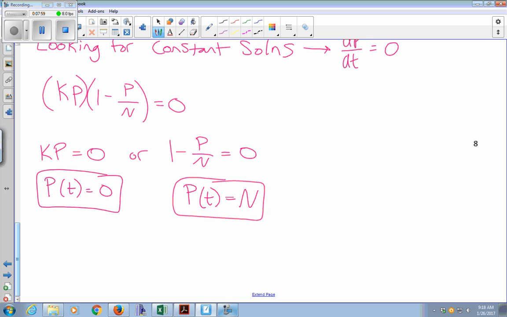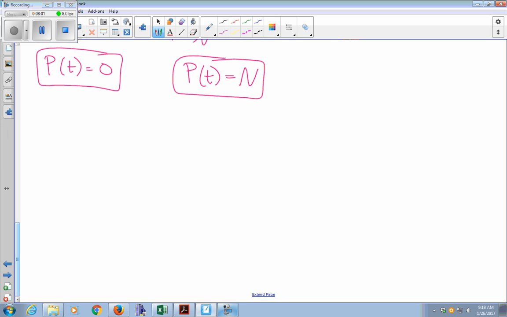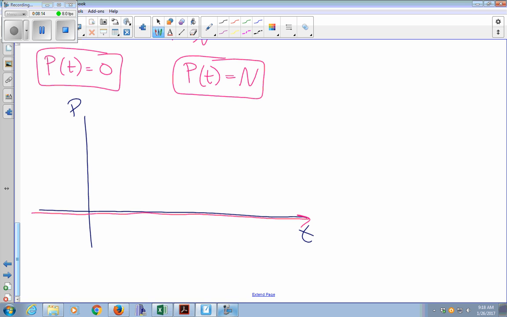So if I want to sketch them, this is t and p. I have one solution at 0, it just stays 0 all the time. And I have another equilibrium solution at n.